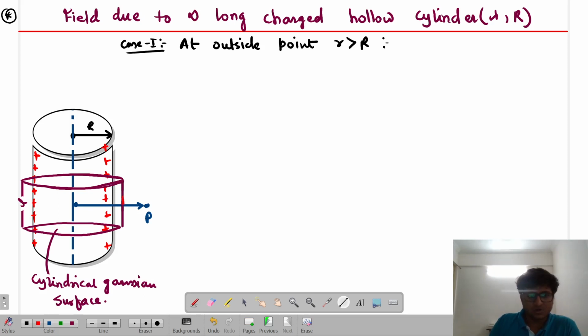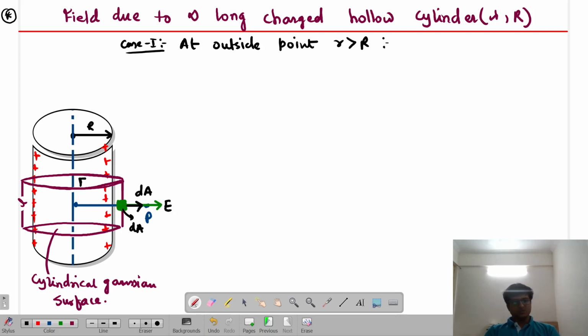If I consider a small region, for this small area the electric field will be in the same direction, and the area vector will also be in the same direction. Is that clear?